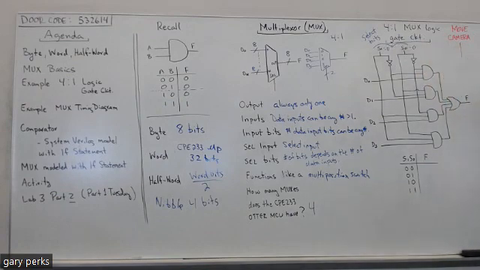Okay, so now before we start the analysis, let me just point out that wherever you see lines crossing, there's no connection there. Okay, if there was a connection, there'd be a dot.